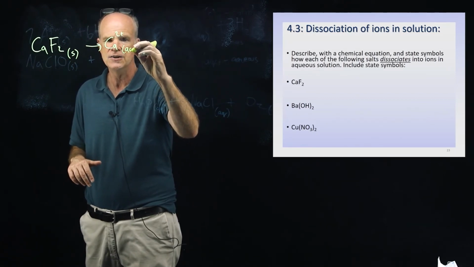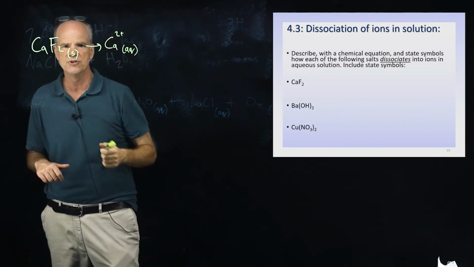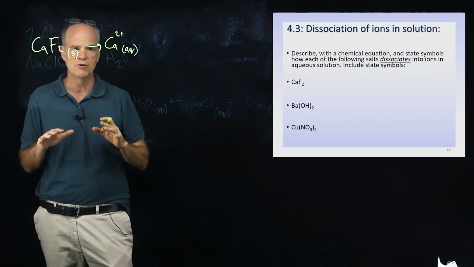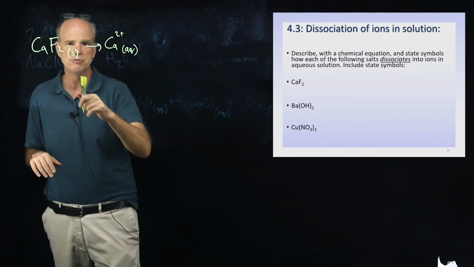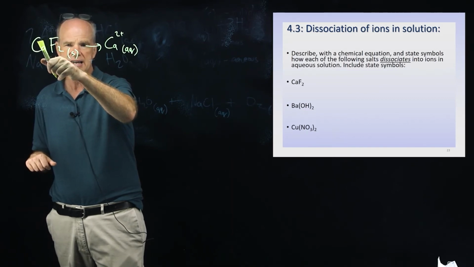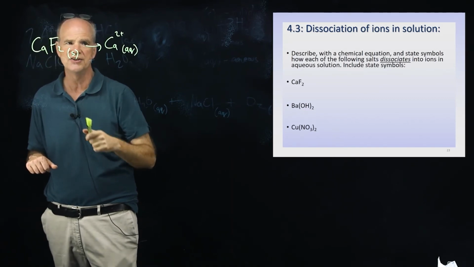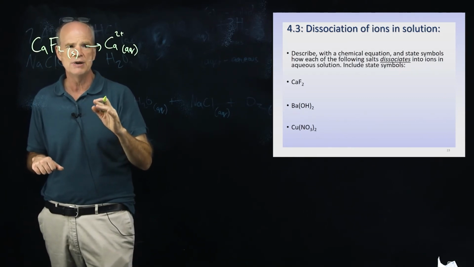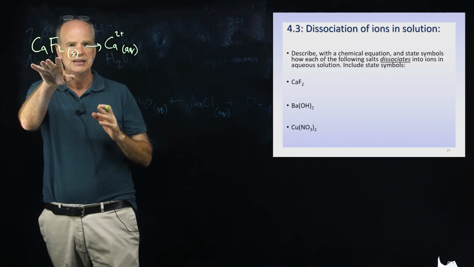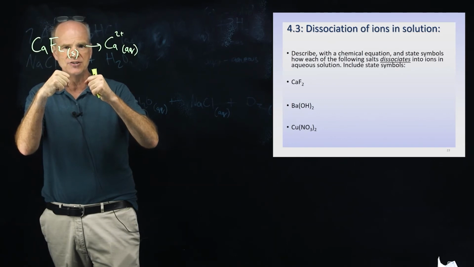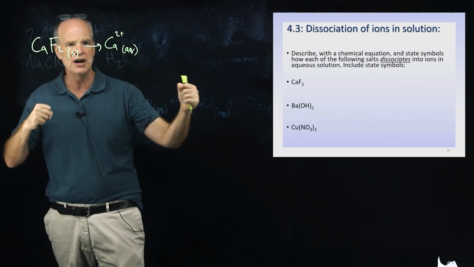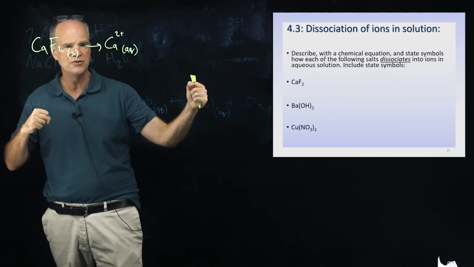And then we indicate that the calcium is now surrounded by waters by writing a state symbol for the calcium ions, which is AQ. Now, going back to the formula unit, you might remember when we're naming a compound or writing a formula, we need to balance charges. So we took two fluoride ions, each with a negative charge, to balance a single calcium ion with a 2+ charge. And so here what we have to write in the dissociation is the fact that each formula unit is really two fluoride ions stuck to the calcium, but when it drops into the water, the calcium separates and the two fluoride ions separate from themselves, each with a single negative charge.